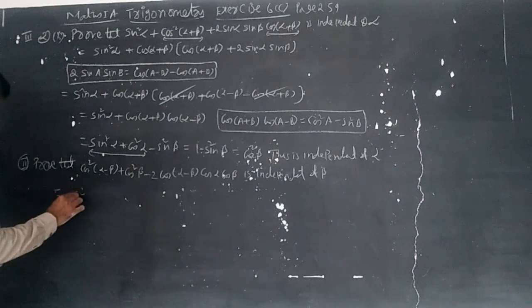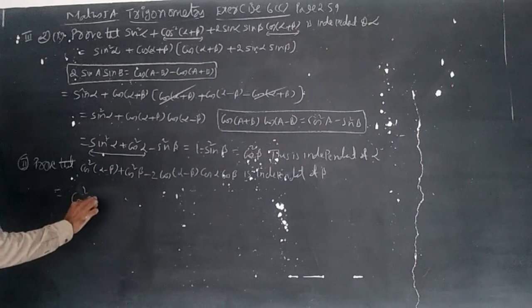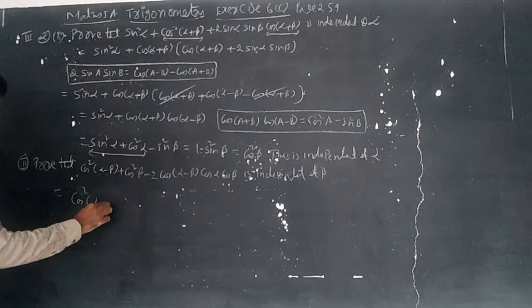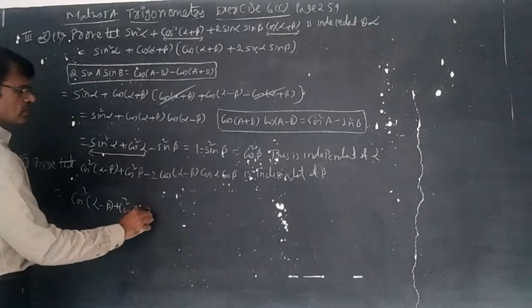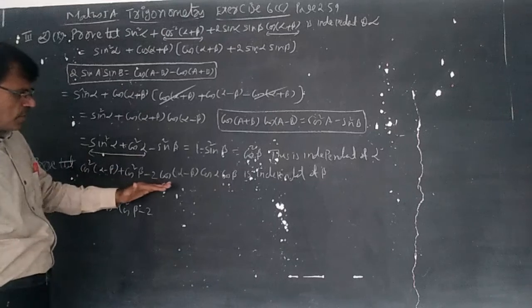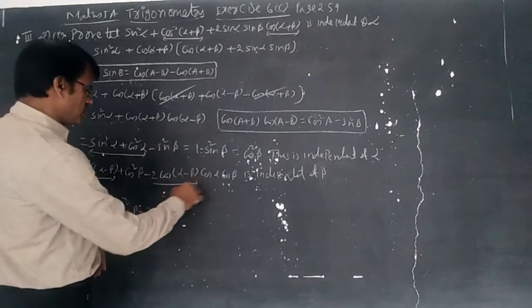That is equal to cos square of (alpha minus beta) plus cos square beta. What is common here? Here cos square of (alpha minus beta), here cos of (alpha minus beta).